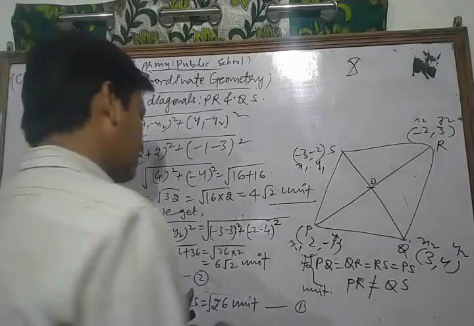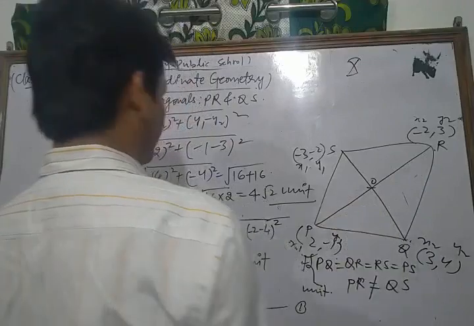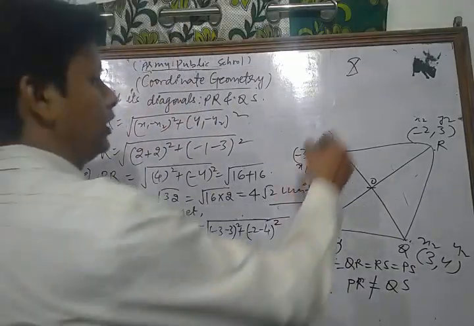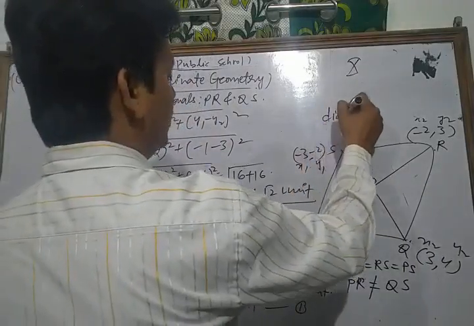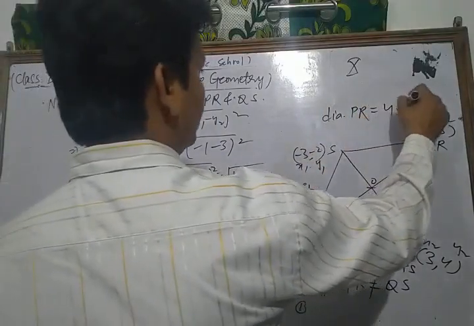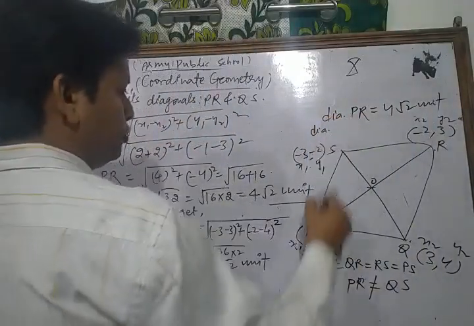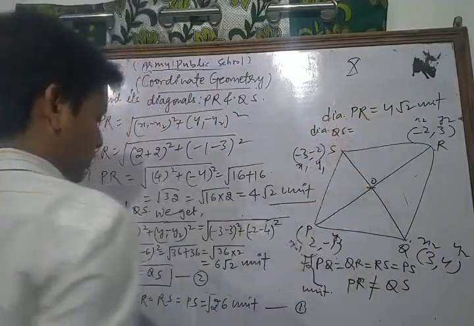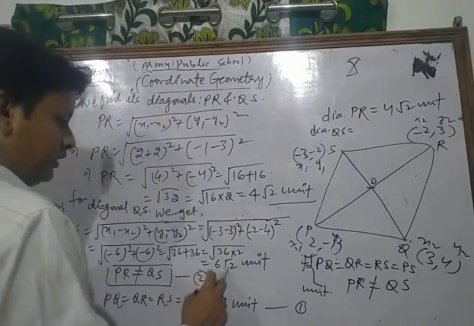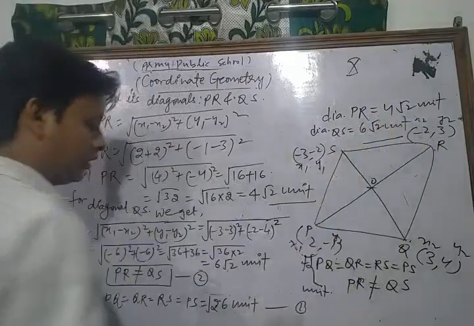Means first diagonal, sorry, PR. Here diagonal PR is equal to 4 under root 2 unit, and diagonal QS is 6 under root 2 unit. So these are not equal to each other.